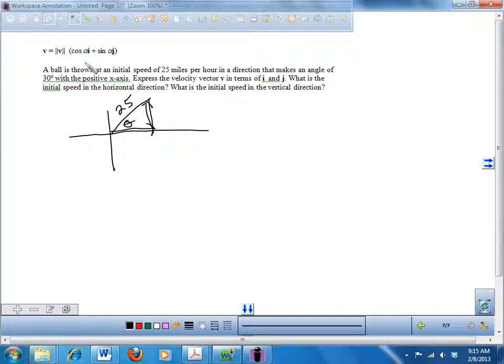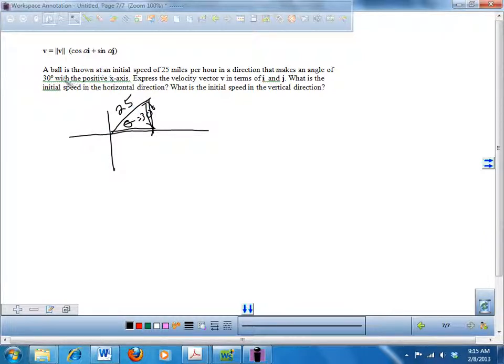You use this to go backwards. So if you know an angle to be 30 degrees, and you know the magnitude of that vector, then you can break it into its component form, which is useful if you're adding and subtracting vectors.